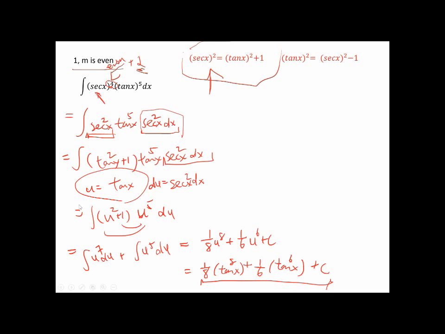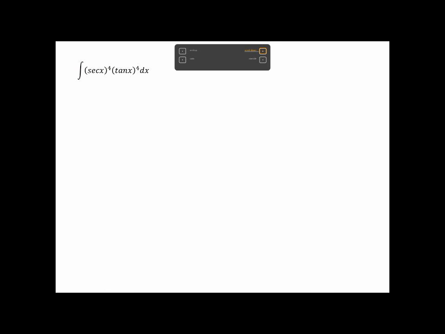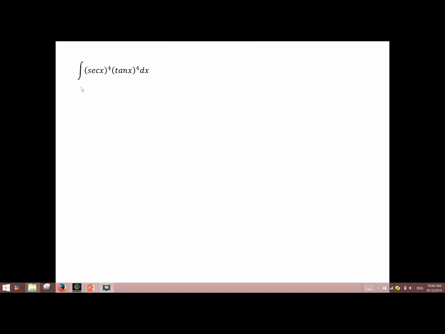Let's see the next one. Again, I find secant carries an even power. Rewrite it into even plus 2. So rewrite into secant x squared tangent x fourth secant x squared dx.